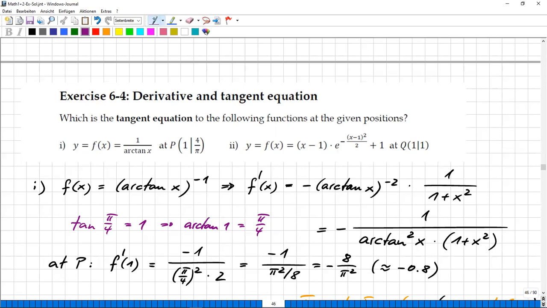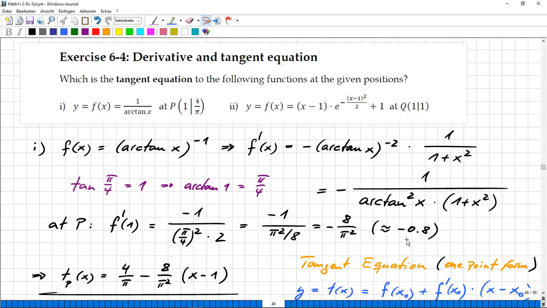Also, this means that pi is, roughly speaking, equal to square root of 10. This is a good thing to know, just in case you forgot the decimal notation of pi. Anyway, so this is roughly equal to -8 over 10, which would be roughly -0.8, just for your info. Doesn't matter so much. It means we have a negative slope anyway.